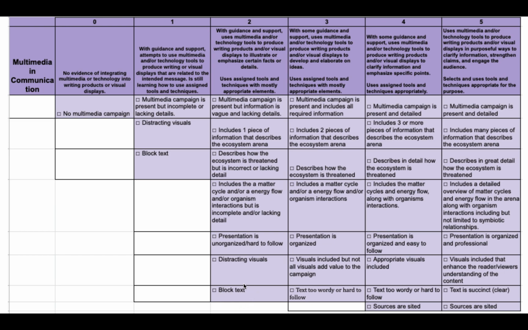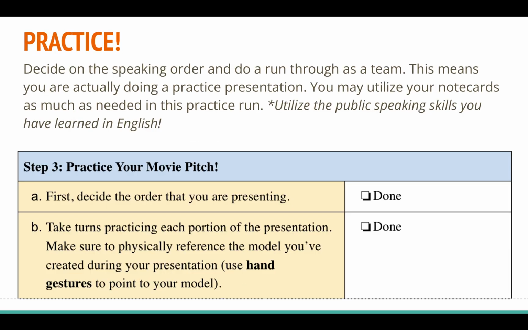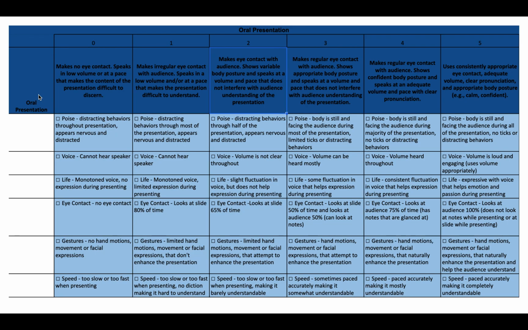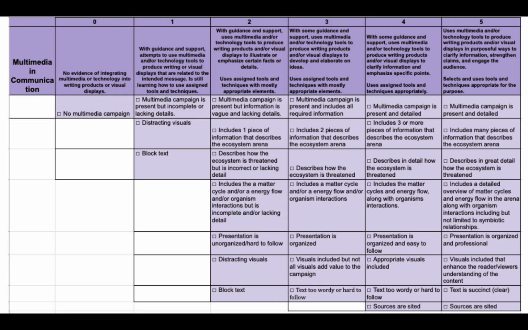What block text means is, right here is a piece of block text. This huge paragraph here almost looks like a square or a rectangle of just words, okay? That is very distracting when you are going to present.